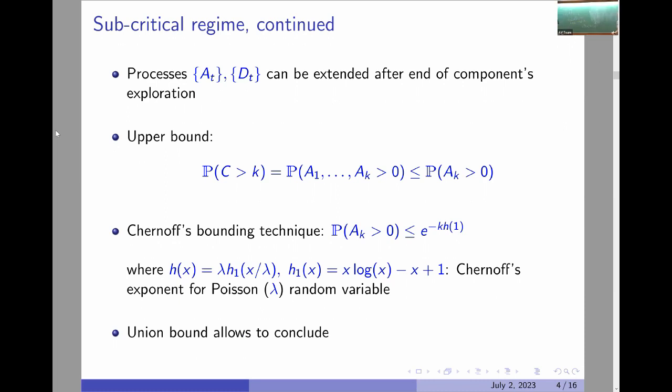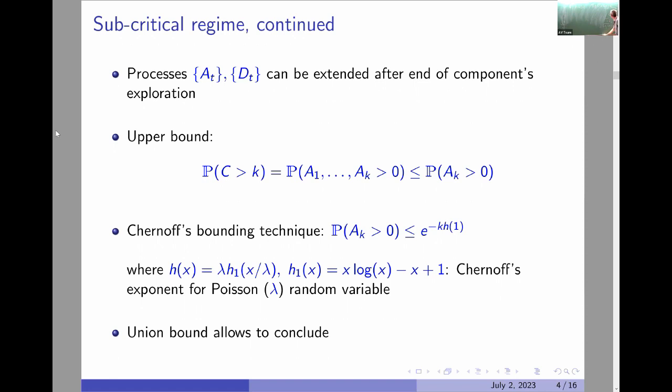in the following manner. I'm going to say that the probability that there exists i in my vertex set such that its connected component size is larger than alpha log n is going to be less, by the union bound, than the sum over i in V of the probability that the size of C_i is larger than alpha log n.